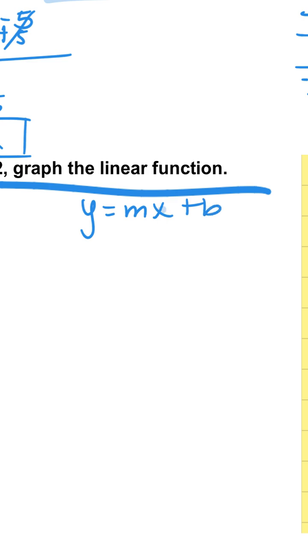Where x is our ordered pair and y is our companion, right? So we have x, y. Eventually, we're going to learn what m and b are. But at this moment, we just know that x gives us our ordered pairs and y gives us our y-axis, correct? X-axis and y-axis.